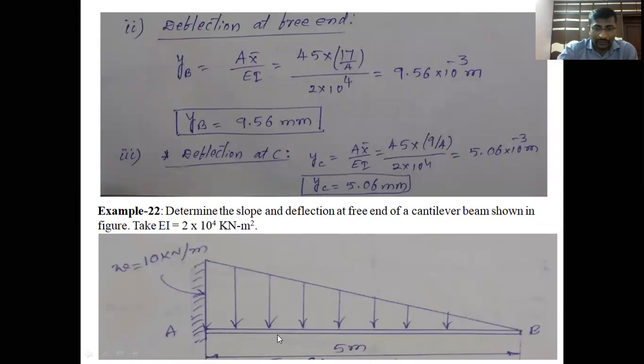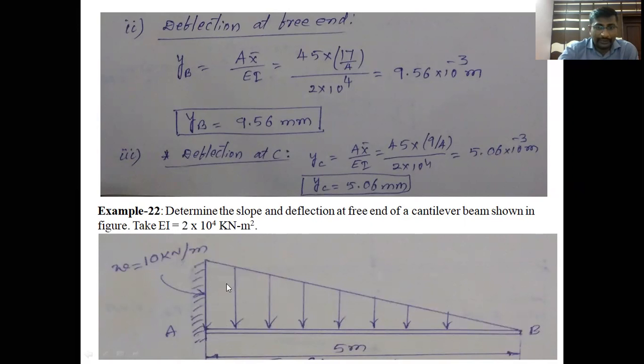UVL means uniformly varying load, acting with a maximum intensity of 10 kilonewton per meter at the fixed end and 0 at the free end. It is also called a triangular load. For this case, what are the slope and deflection at the free end, at point B? Let us go for the solution.